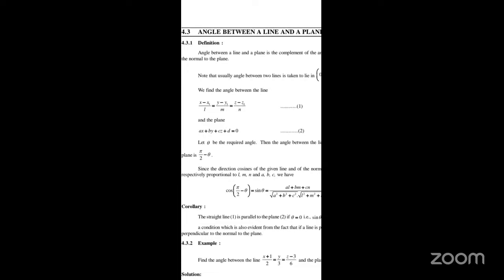And the plane is ax plus by plus cz plus d equal to 0. So let theta be the required angle, and the angle with the normal to the plane is pi by 2 minus theta.